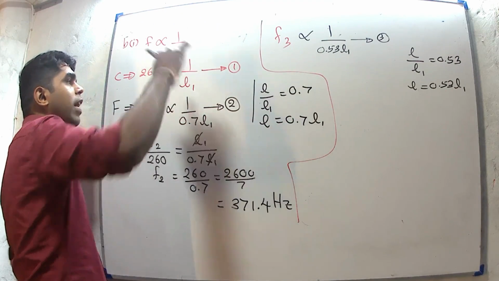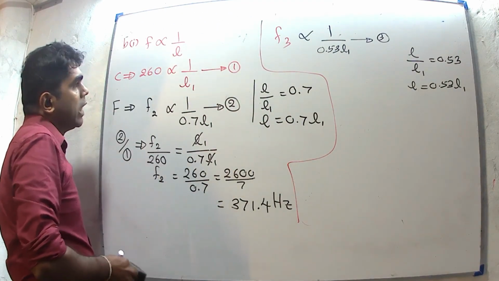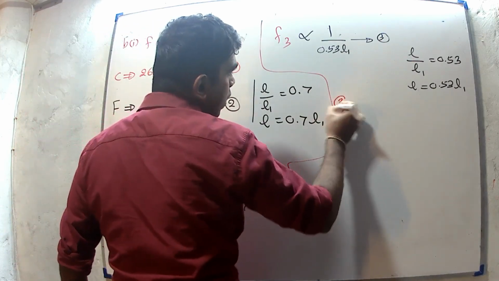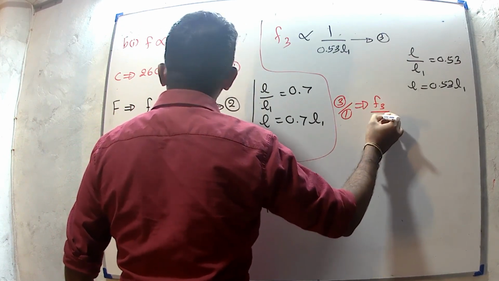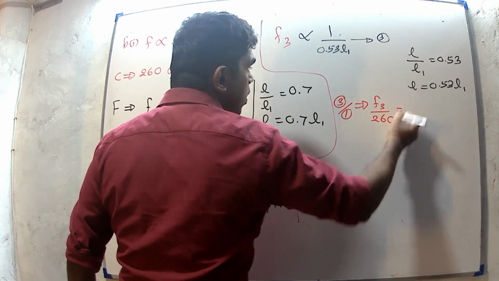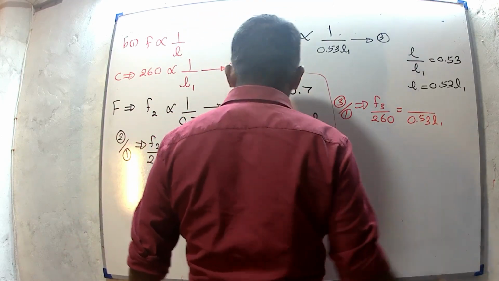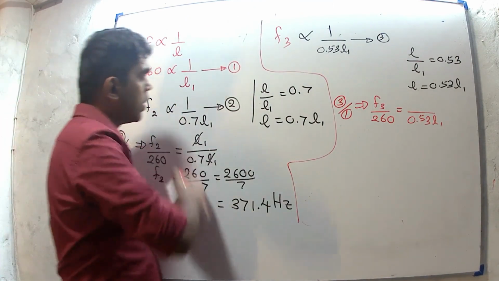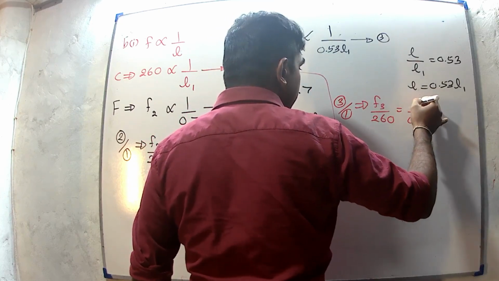Now again we can divide the third equation and the first equation to get the frequency. Third equation divided by first equation. F3 divided by 260 equals 0.53 L1 divided by 0.7, 1 over 0.7 L1.